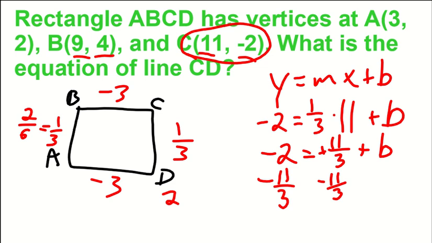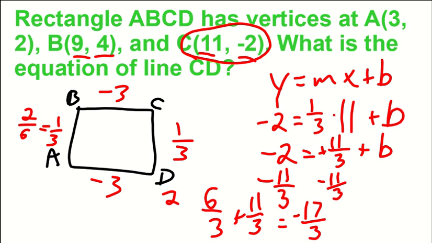Using 2, if I make the denominator 3, that'd be 6 over 3 plus 11 over 3. So that's 17/3. Since they were both negative, that would make that a -17/3.